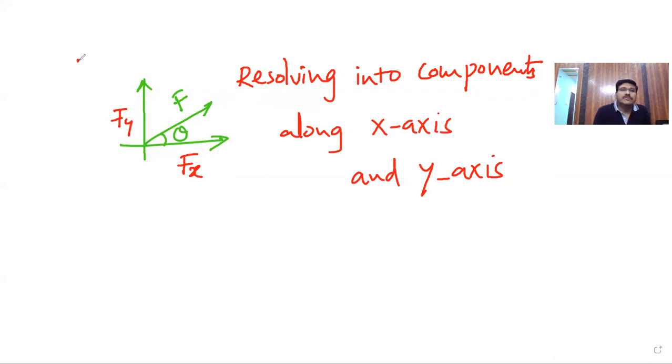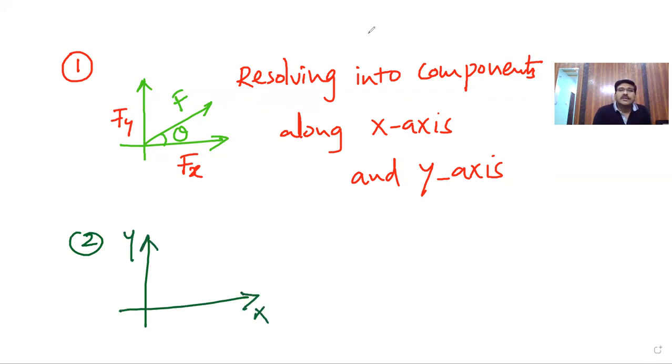This is the first part. Clear? What is the second part? The second part is the reverse. If this is the x-axis, if this is the y-axis, and two forces are given, along the x-axis Fx and along the y-axis Fy, this is the origin. Now you can have the resultant in between them, that is F acting at an angle of theta.